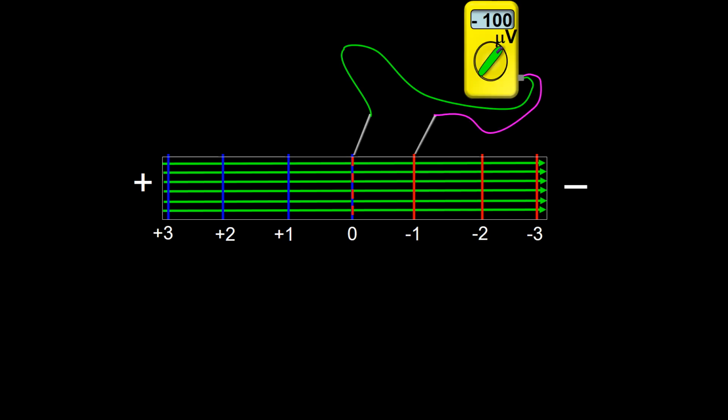If we measure the voltage between two segments along the conductor, the voltage will be different. In this case, I have given a value of 100 microvolts.